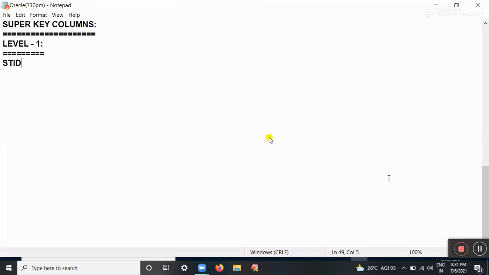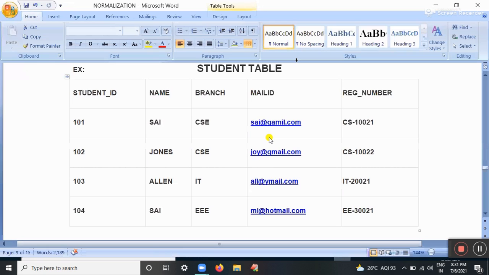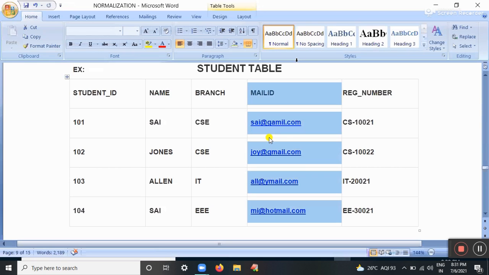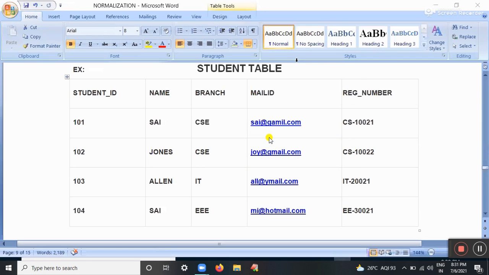Yes, we can say, because every student's registration number is different.